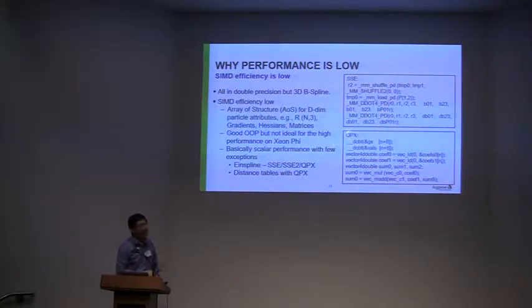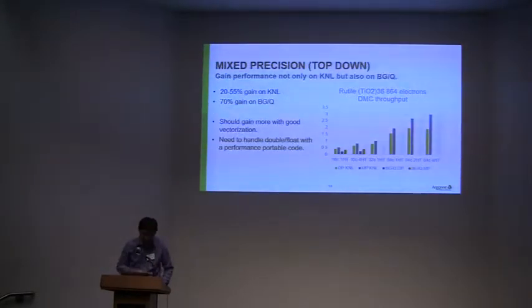However, if you look at the code, I have no idea what these things actually are, unless I have a manual put aside and read it carefully. The intrinsics for QPX, I can understand only because I wrote it. But it's still not ideal for most people to read this kind of code.